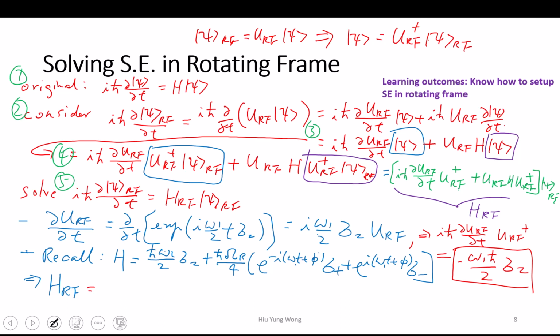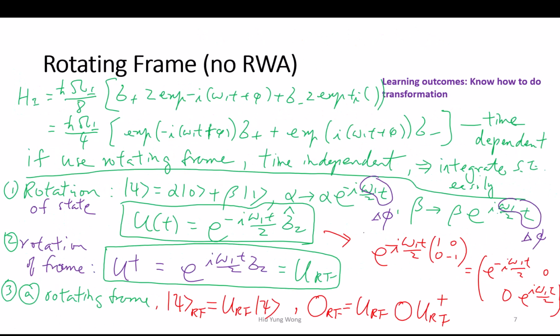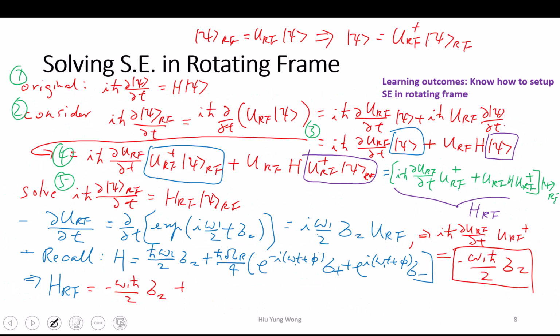So this is just equal to what? Let me just write it out. Negative ω_1 ħ/2 σ_z, which is this term, plus the transformation U_RF H U_RF dagger. H_RF is just this term plus U_RF H U_RF dagger.